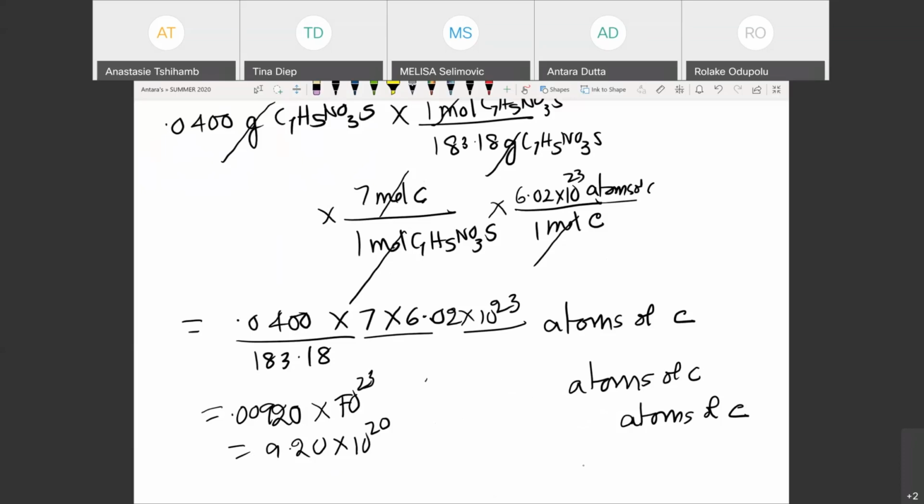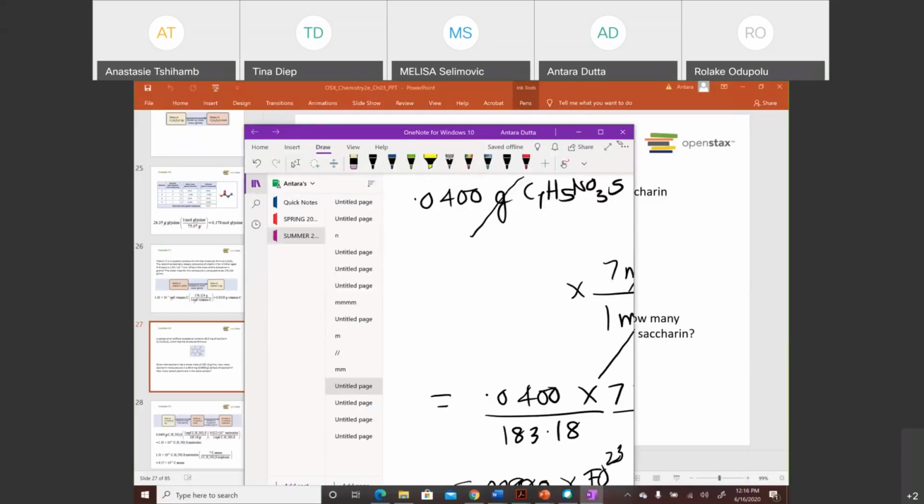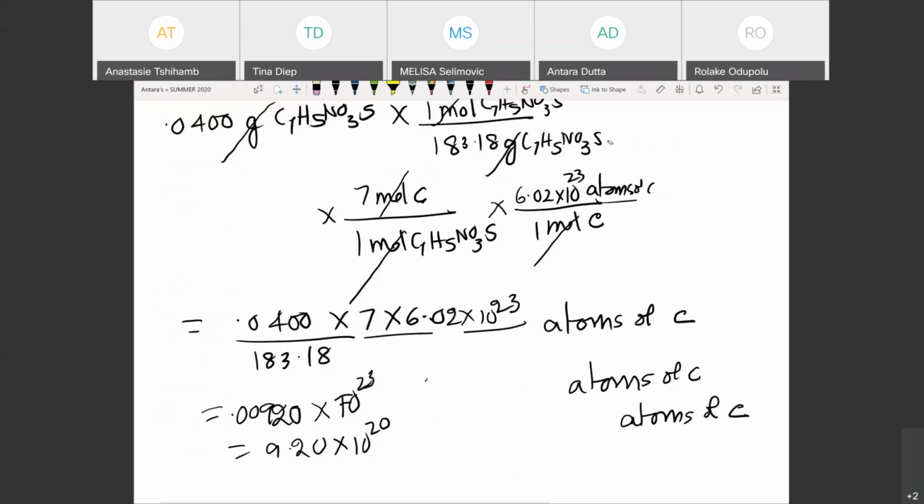Okay, so 0.0400 times 7 times 6.02 times 10 to the 23 over 183.18. I think it's 9.20 times 10 to the 20. That's what I got. Okay, now I got that one.